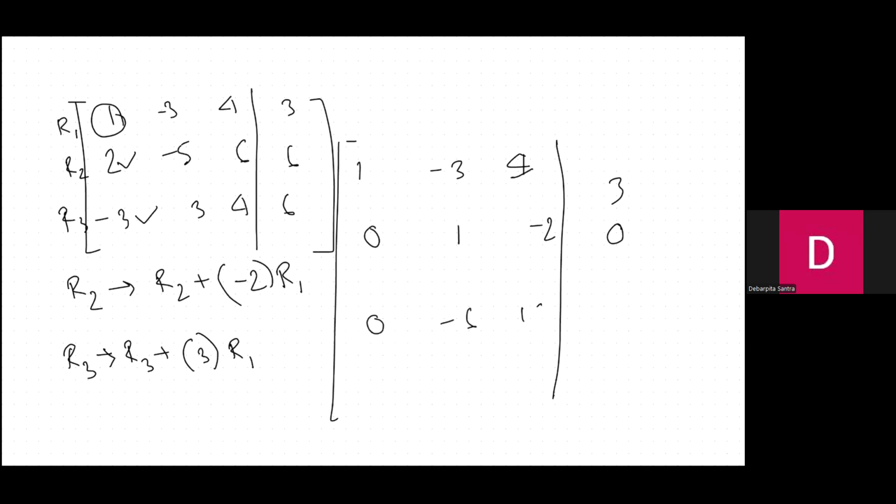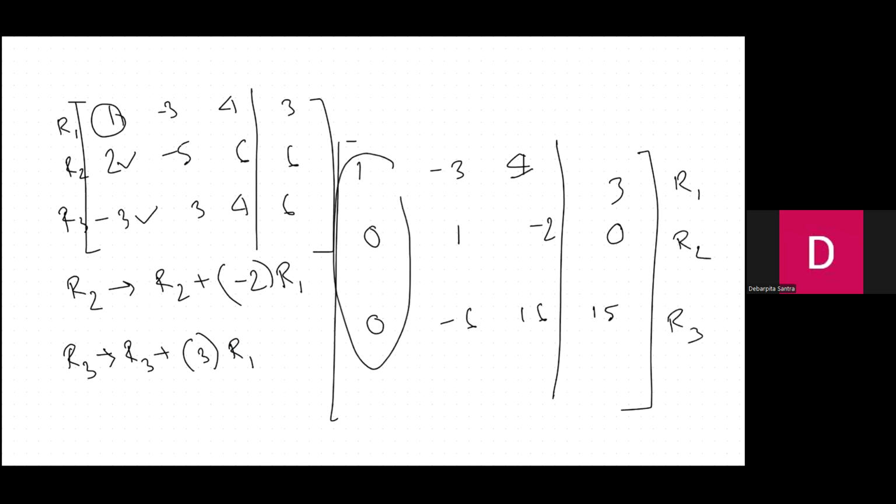And on the right hand side, 6 plus 3 into R1. 3 into R1 means 3. 6 plus 9, that means 15. So now this is our row 1, this is our row 2, this is our row 3, and you see our column 1 is 1, 0, 0.